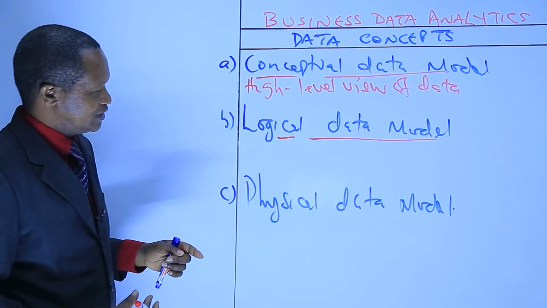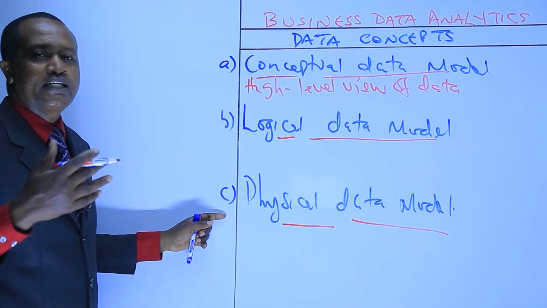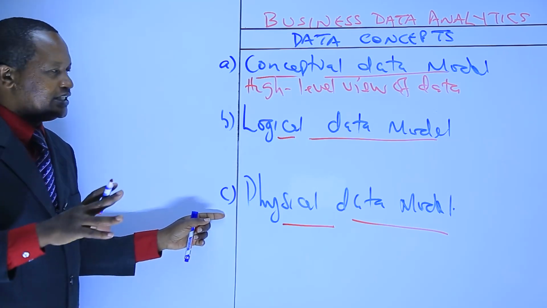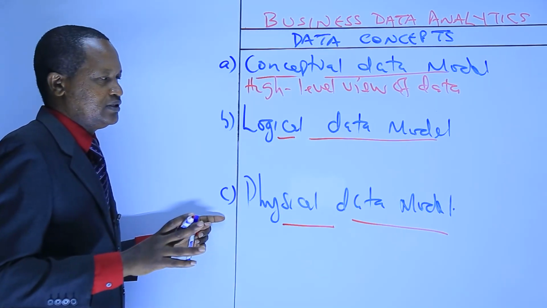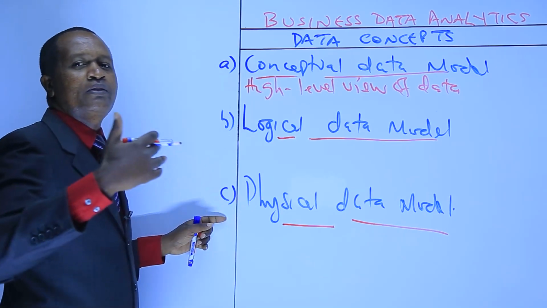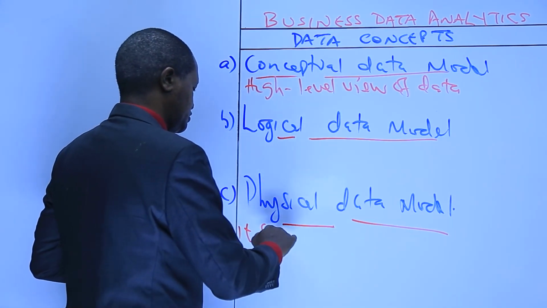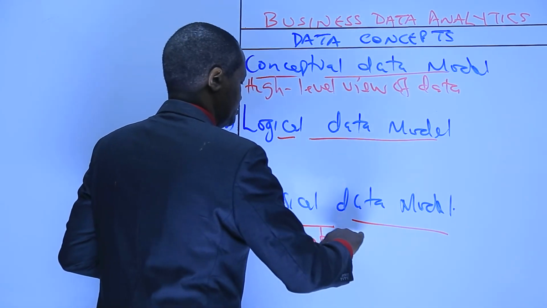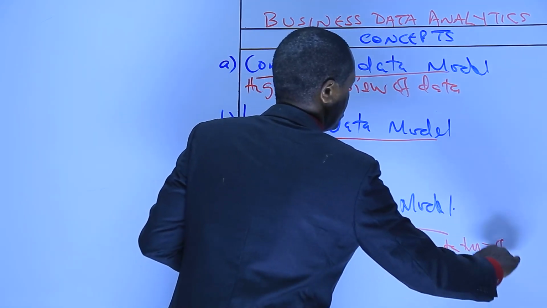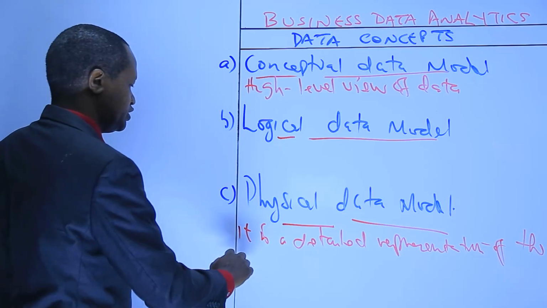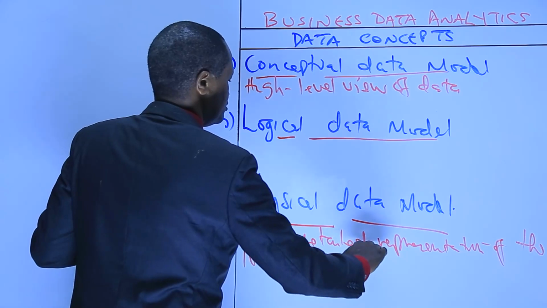Then we have the physical data model. Physical data model is a detailed representation of the logical data model.